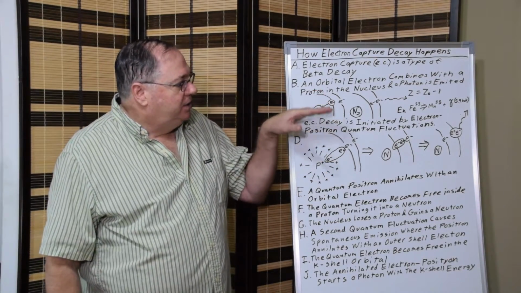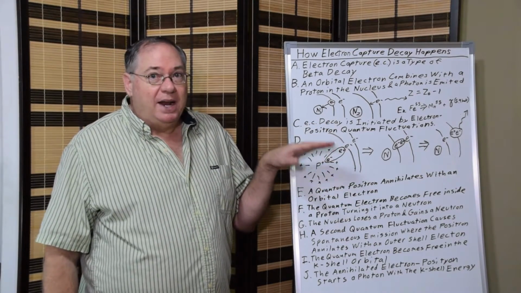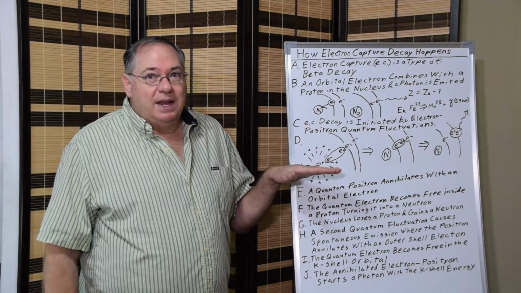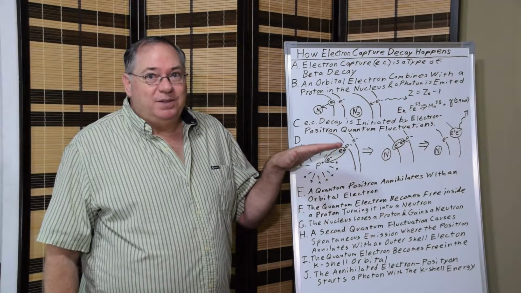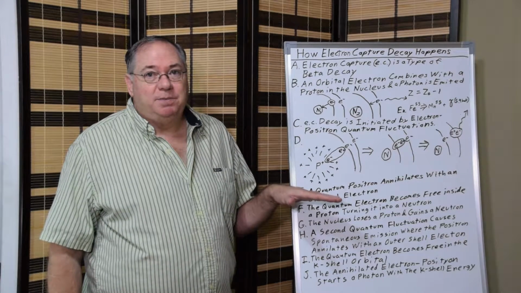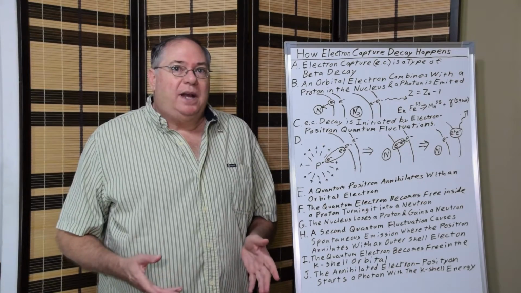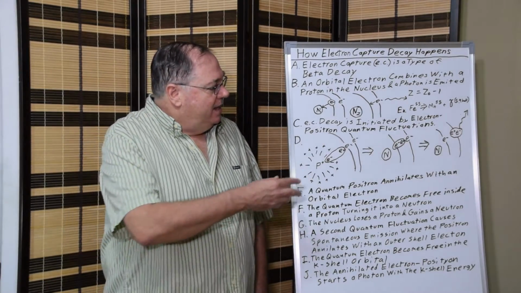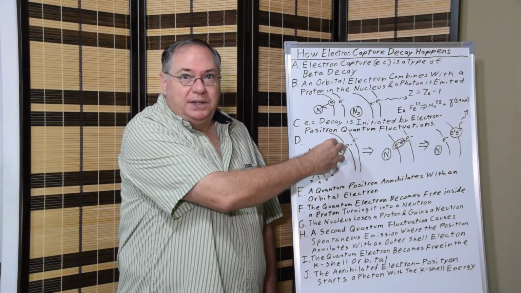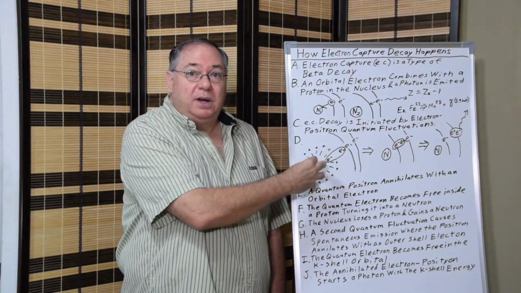And as I said, it's a two-step process involving quantum fluctuations. There's no magic involved, there's no WZs involved, there's no neutrinos involved. It's quantum fluctuations that are responsible for all these interactions. And I'd also like to point out that the energy from the first quantum fluctuation becomes part of the neutron.